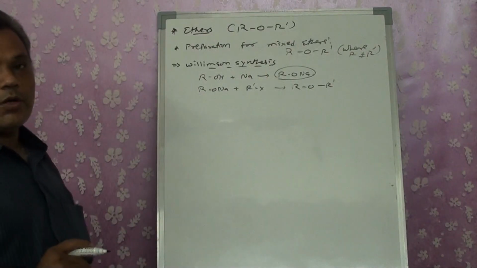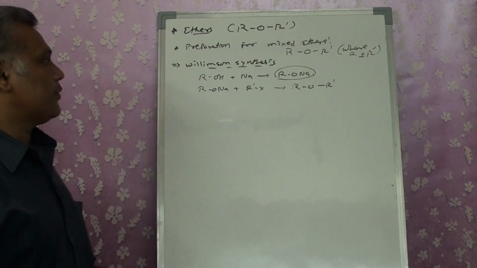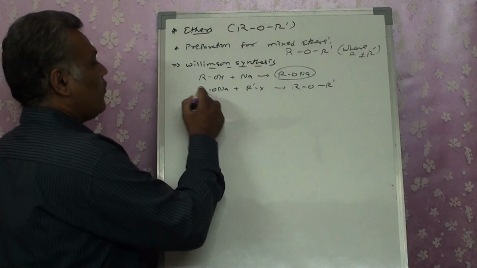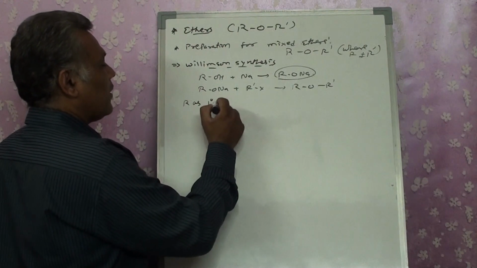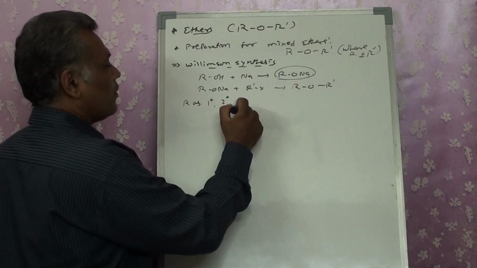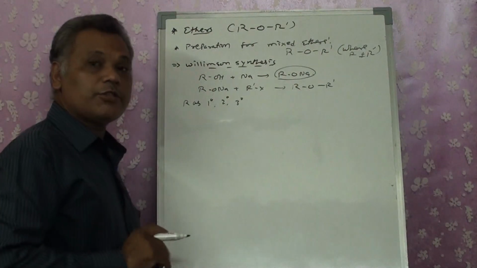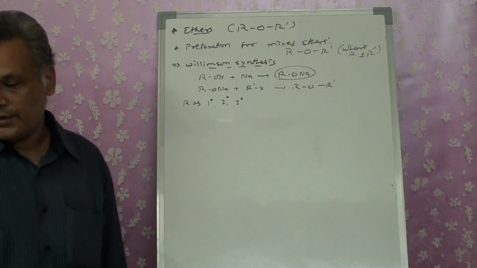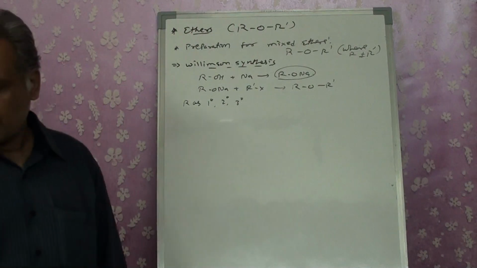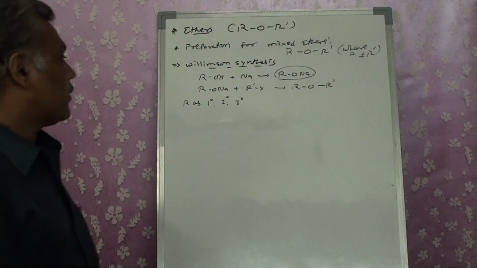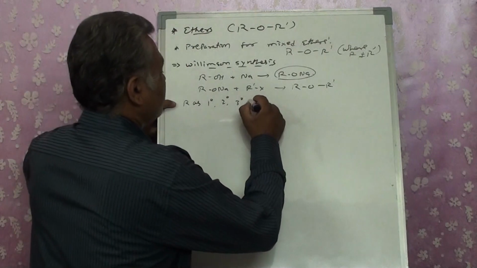This is the generalized reaction. Now, if I take this R as primary, secondary or tertiary, the reaction proceeds very easily, right? It is possible for primary, secondary or tertiary alcohols to go for the reaction.